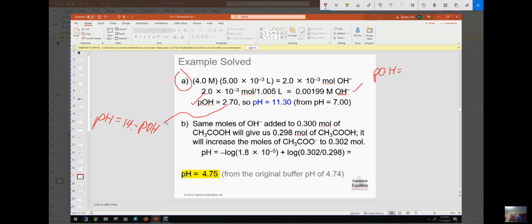So 14 minus 2.7 gives me 11.3. And now we're starting out with a pH of 7. So I wonder why this is different than the one before.